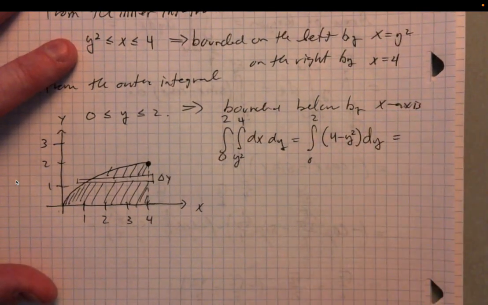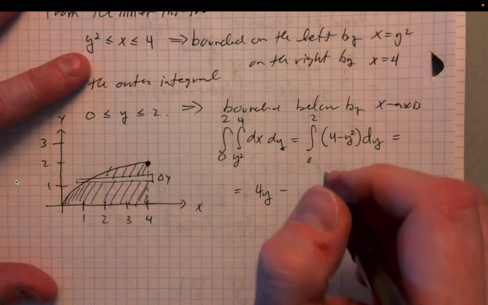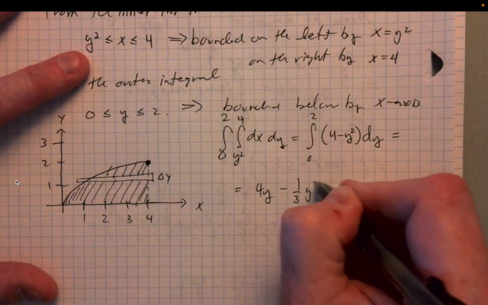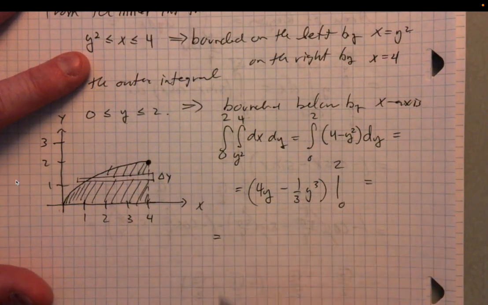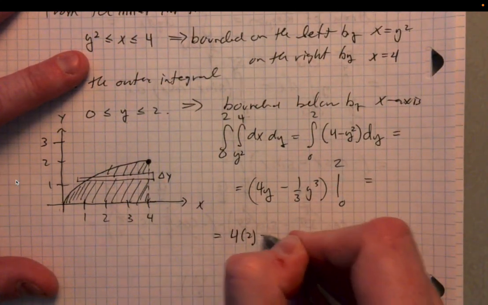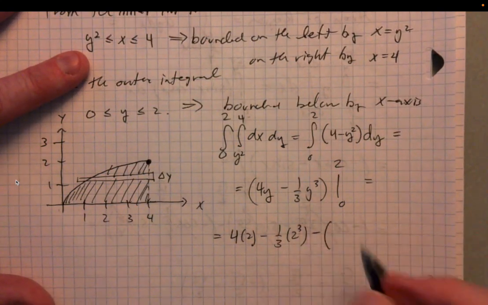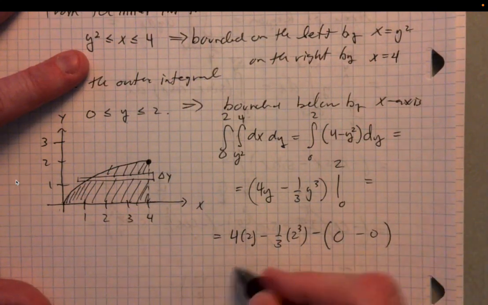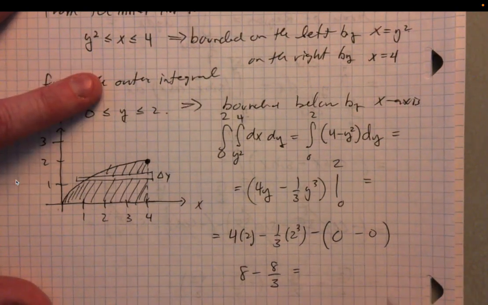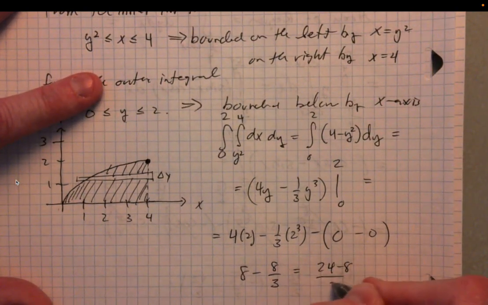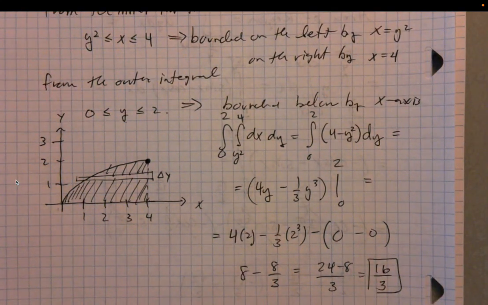Integrating with respect to y, you get 4y minus 1/3 y cubed, going from 0 up to 2. So you'd have 4 times 2 minus 1/3 times 2 cubed, minus 0. It'd be 8 minus 8/3, which is 24 minus 8 over 3, so 16 over 3. That's the value of the integral.